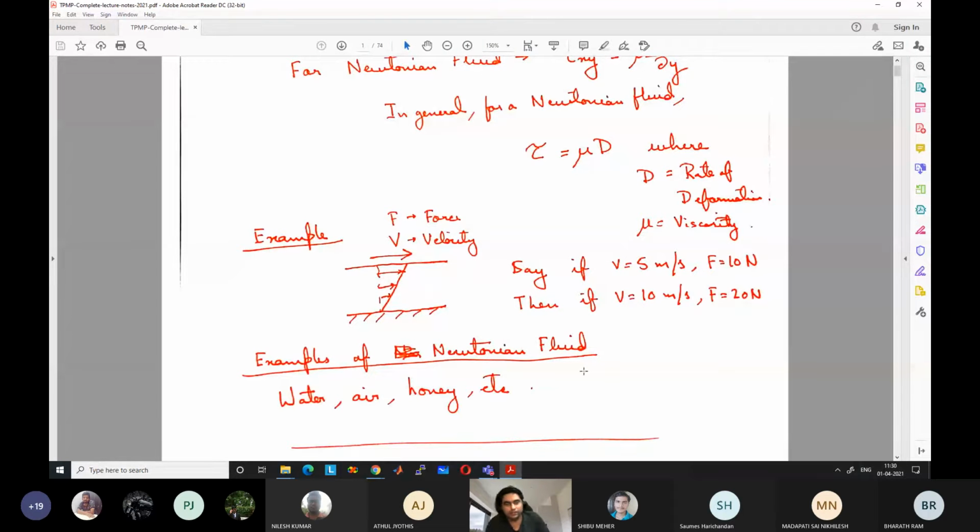A lot of common engineering fluids like water and air are Newtonian fluids, and you must have studied, particularly mechanical students, Newtonian fluid mechanics, for example the Navier-Stokes equation.